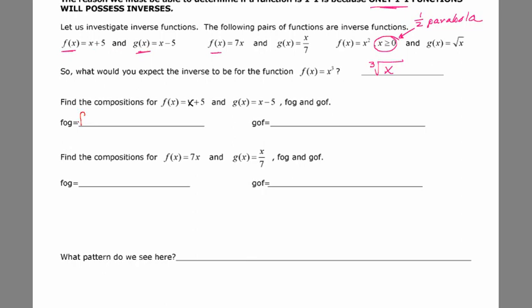F circle g means f parenthesis g parenthesis x, which means we're putting the g function inside the f function. When I do that, it looks like x minus 5 plus 5. And what happens here is that the 5's cancel and I'm left with x.